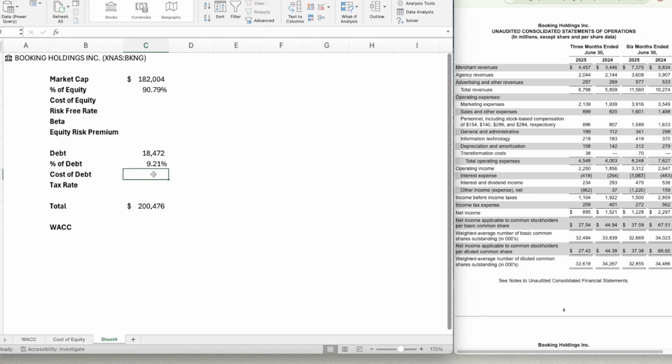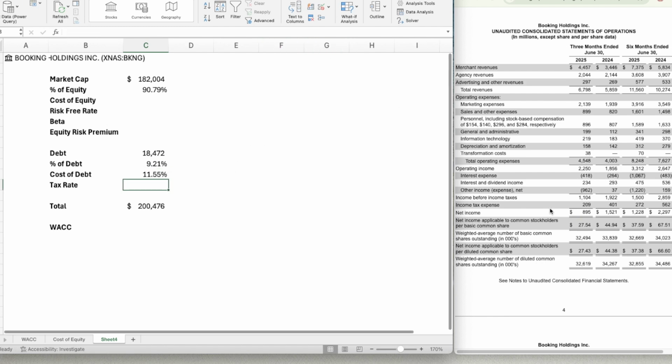So go equals 1067 multiplied by 2. Let's put that into brackets to make sure it doesn't get confused. Divided by the debt. Let's go divided by C10. And that gives us, well, it's quite expensive, 11.55% cost of debt.